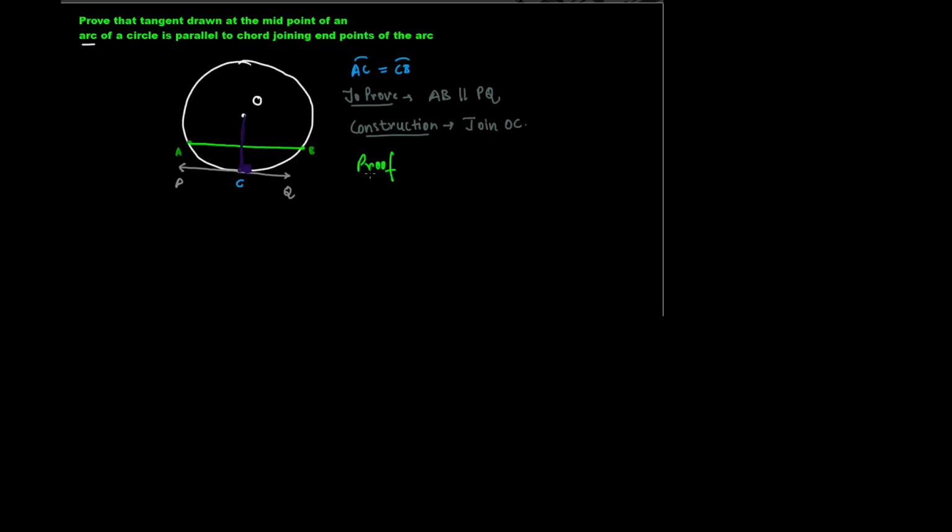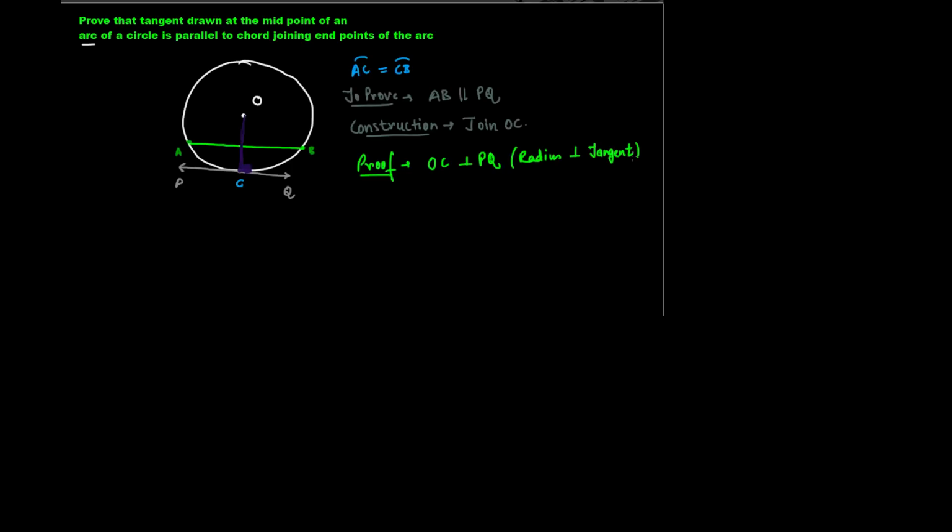Now I can say the first thing without doubt that OC will be perpendicular to PQ, right? Because radius is perpendicular to the tangent at the point of contact. That's the rule.